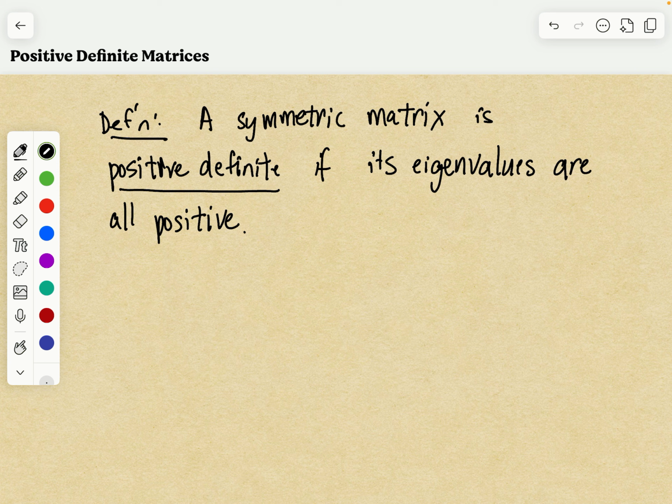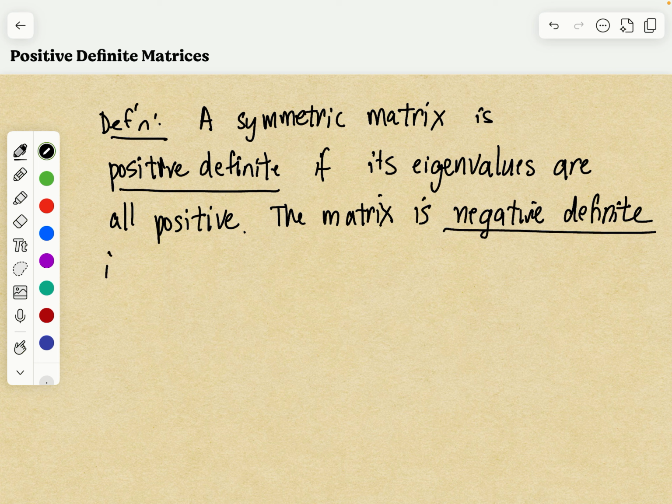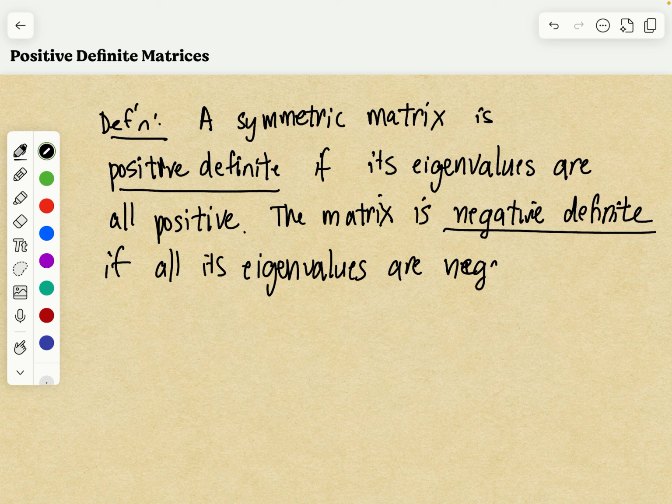And it's called negative definite if all of its eigenvalues are negative. Now, if your symmetric matrix has both positive eigenvalues and negative eigenvalues, the matrix is called indefinite.